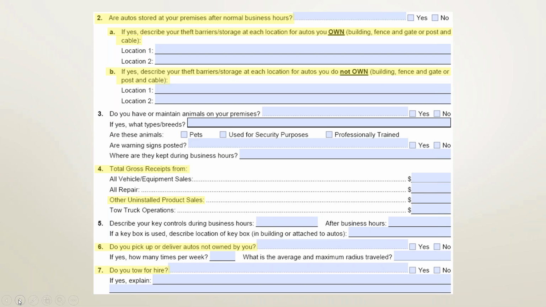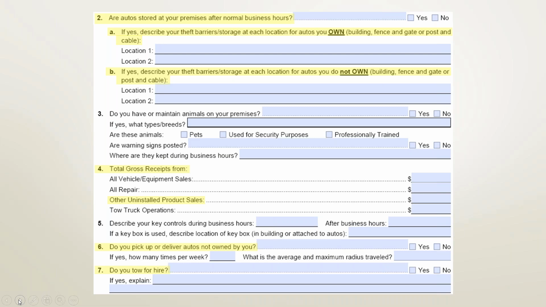This one is overlooked quite often when I'm reviewing applications. So what we're looking for are auto sales receipts, repair receipts, and other installed product sales, which could be things like accessories, merchandise, or auto supplies, and other auto parts that aren't being installed by our customer who owns the business.